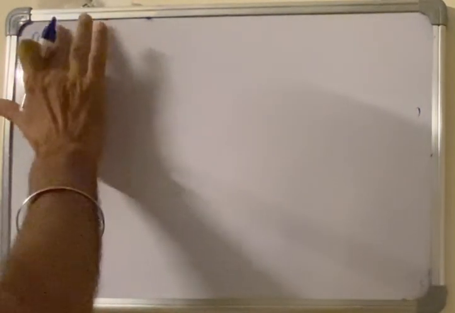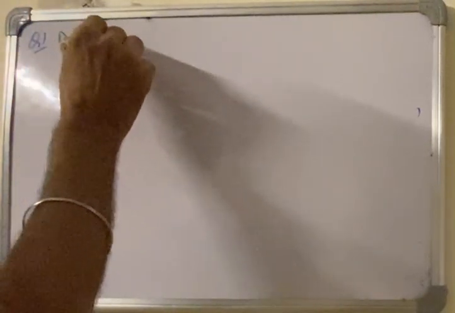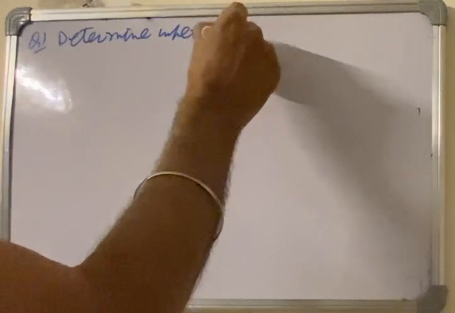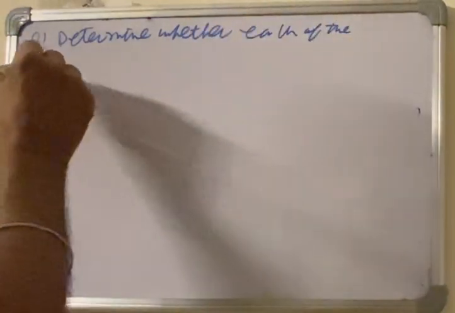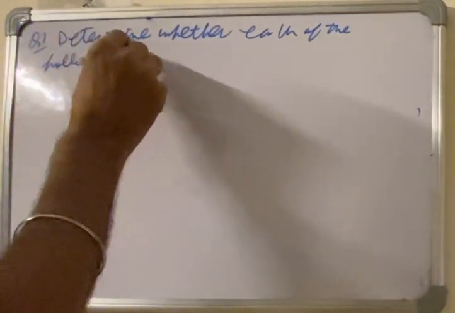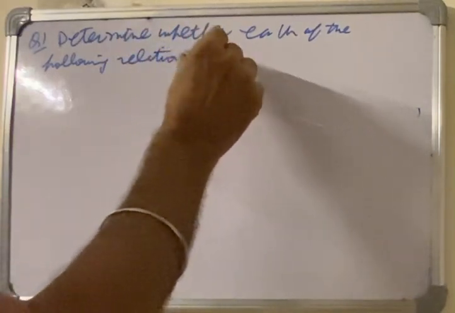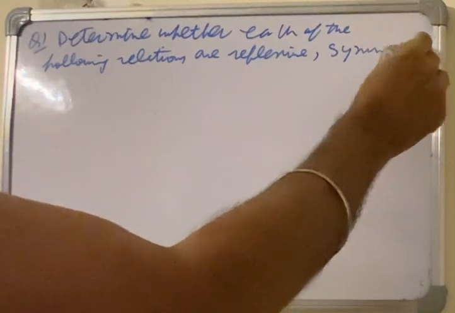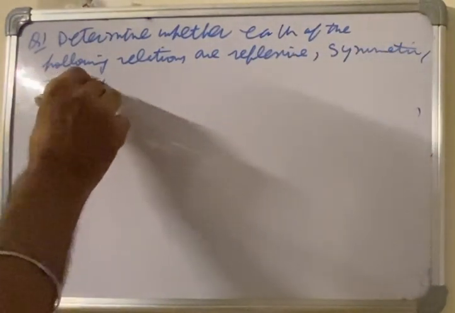First question, first part: determine whether each of the following relations is reflexive, symmetric or transitive.